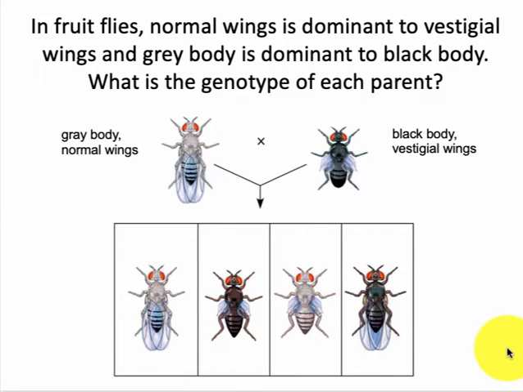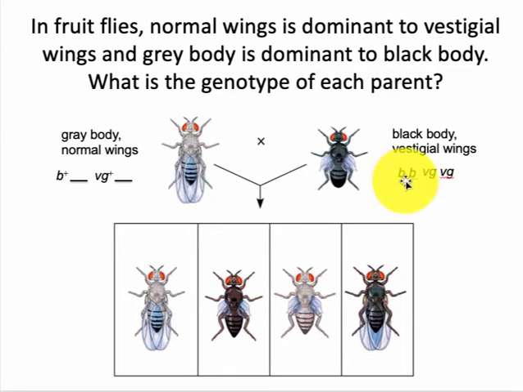So what do you think the genotype of the parents is? What is the genotype of these flies here? Well, we know that this fly is expressing all the recessive traits, so that means this fly must be homozygous recessive for both traits.